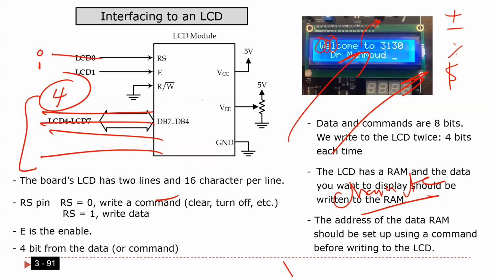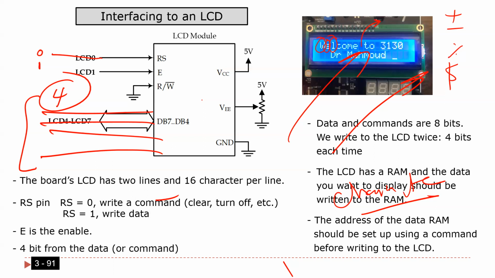If you connect it to 4, how are you going to send the 8? Yeah, I'm going to tell you how. You have to send it in two steps. I have to send the most significant 4 bits first, and then I have to send the least significant 4 bits. You got what I'm saying? So again, if you use this LCD in 8-bit mode, you can connect it to 8 pins.